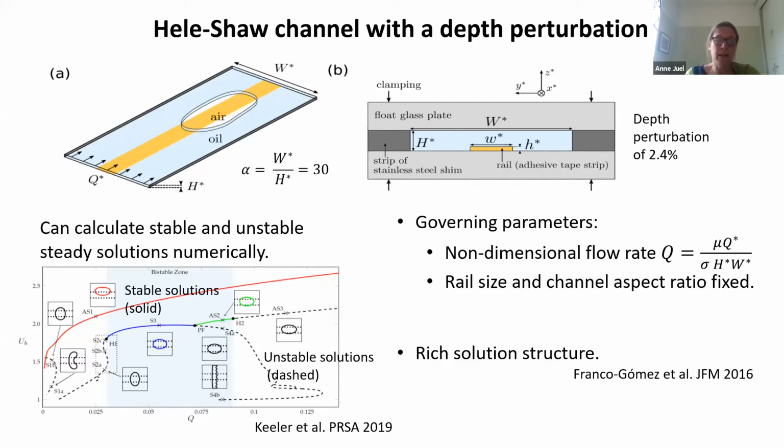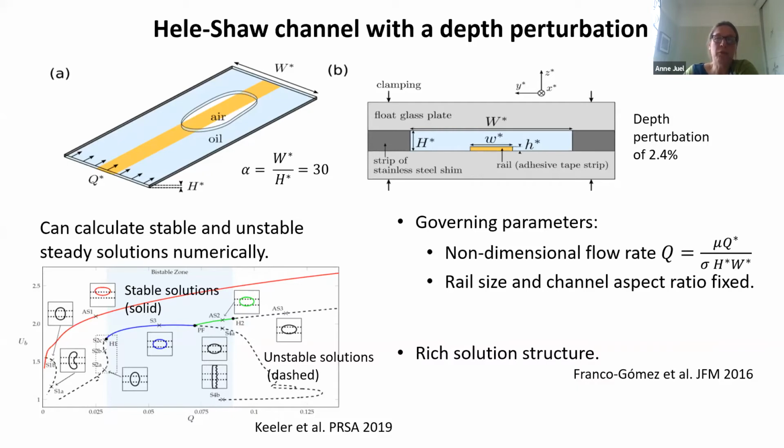Suffice to say that you have several stable solutions that you may see long-term in the experiment, and a whole host of unstable solutions that may also influence the transient dynamics. And in that respect, the advantage of this rail is that it enriches, in a sense, the solution structure.